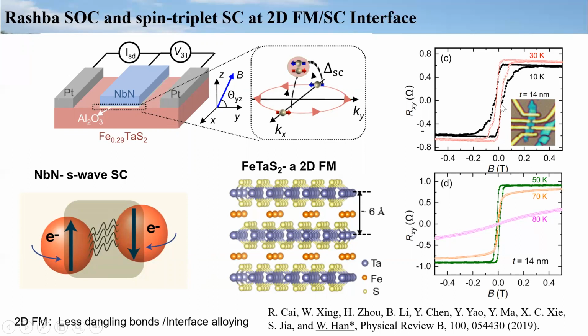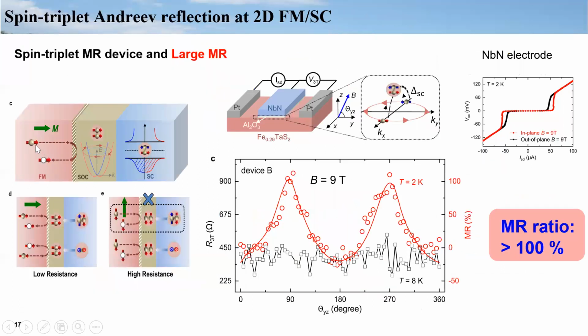At low temperatures, the switching field is not that large. And this is how we detect the spin triplet superconductivity. We use spin triplet Andreev reflection.